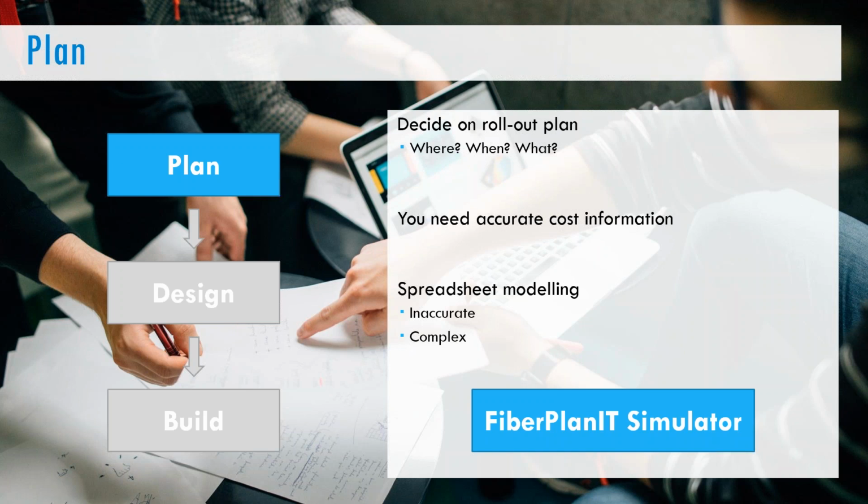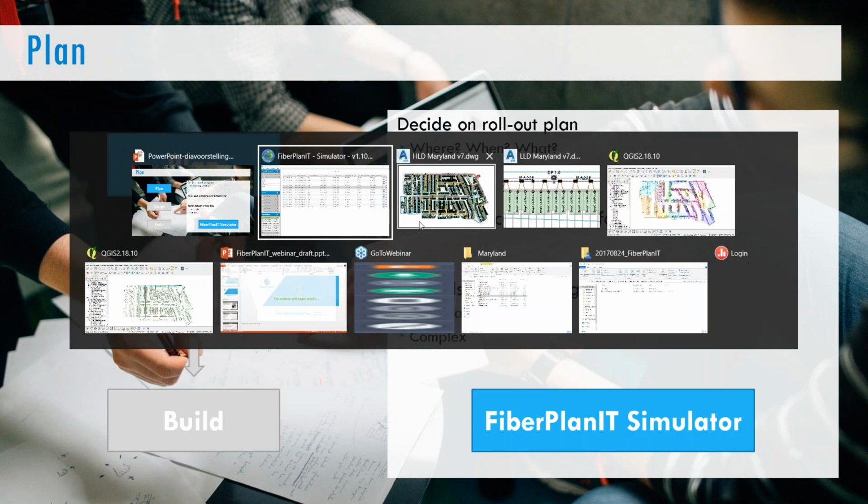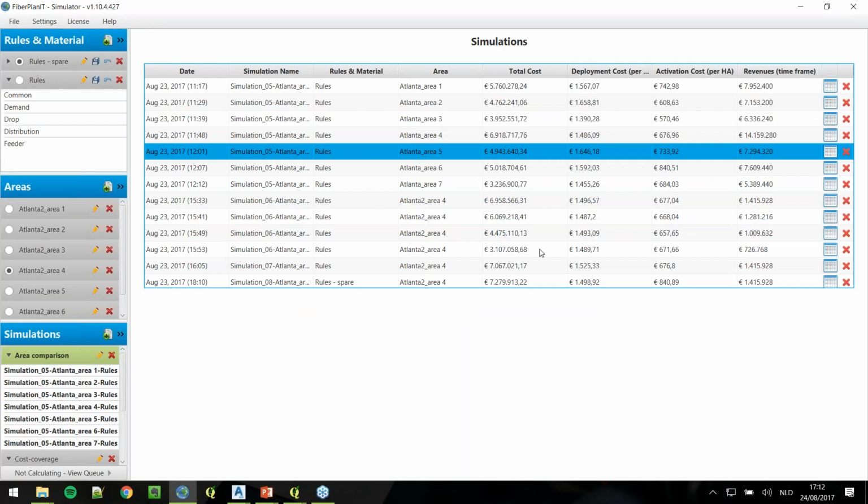Now, what we want to do is provide an alternative for that, which is the FiberPlanIT simulator. So what I'll do is go into a demo of the simulator to show how it can get that accurate cost information that you need. All right.